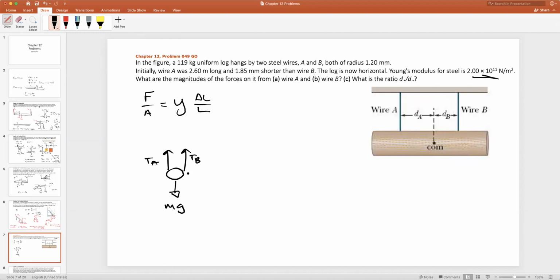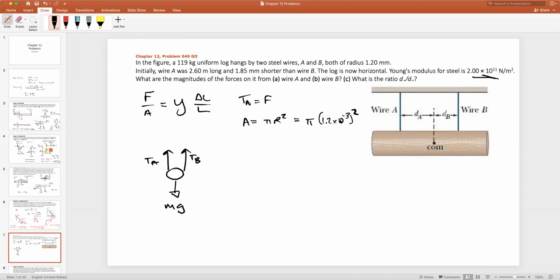And it says that wire A got stretched, so the tension of A is our force. The tension acting on A was the force that caused this stretching. We know that these are circular wires, so they have a cross-sectional area of pi r squared, and we're given r as 1.2 times 10 to the minus 3, squared.